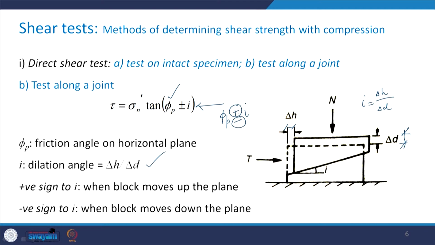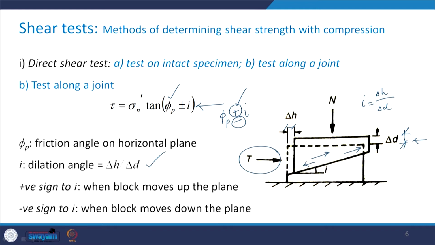So, when the block, that is this block which is sliding, moves up the plane, then we need to assign positive sign to I. Let us say instead of this direction of T being from left to right, now it is from right to left, then what will happen? This block will start moving in this direction.